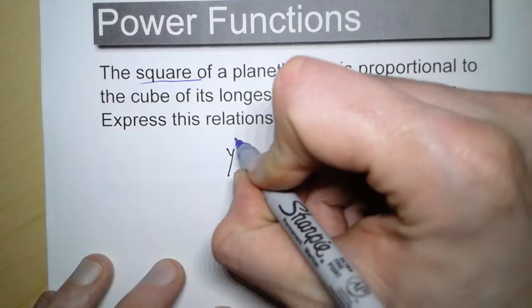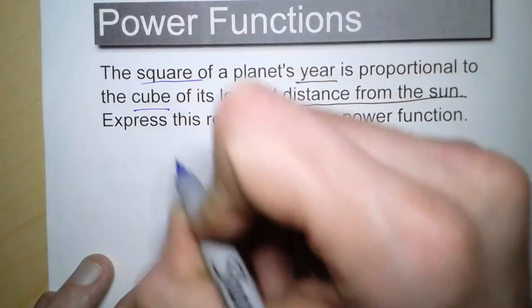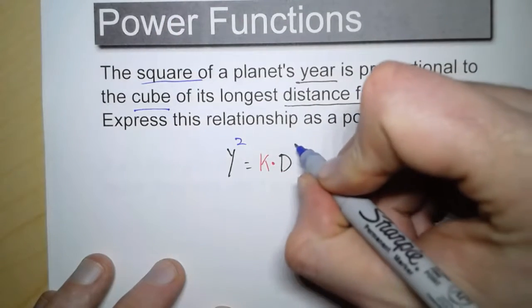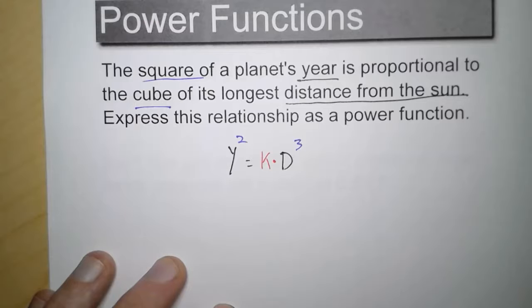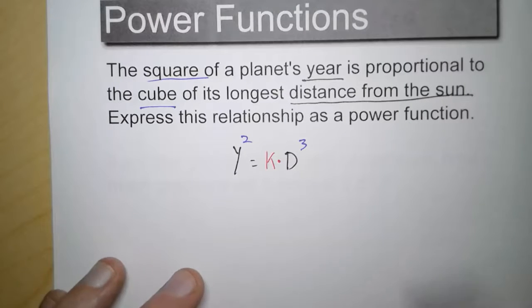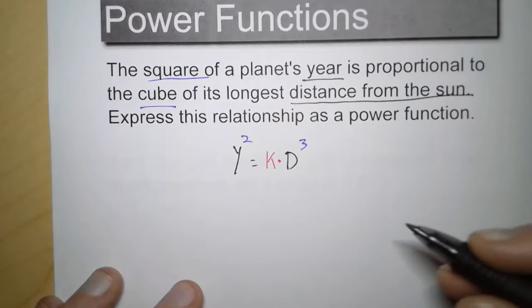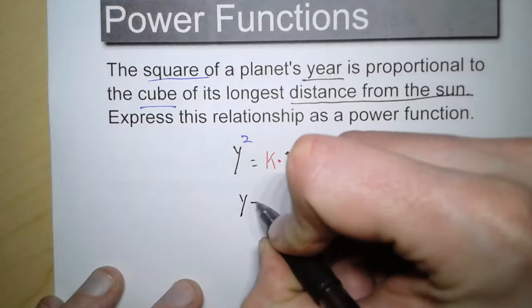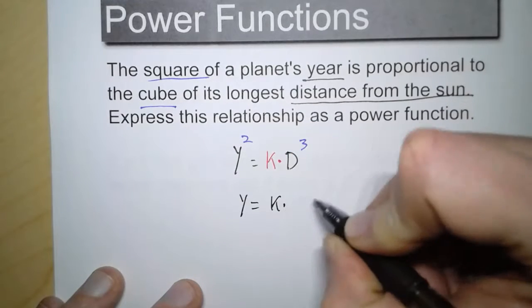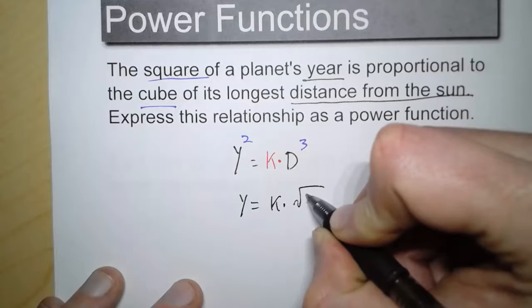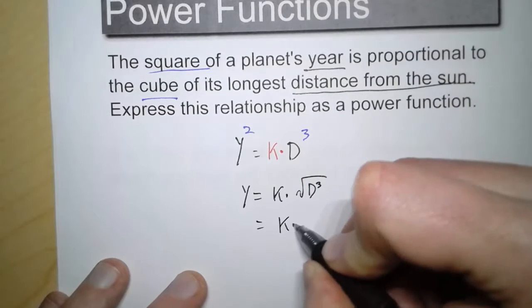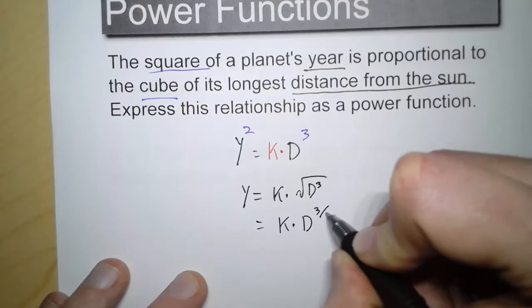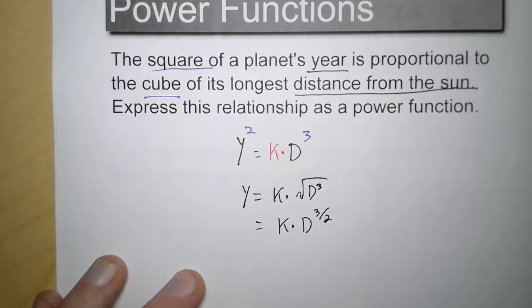So that means y is squared, but it also says the cube of the distance. So in this case, we have both sides having a power. Now some people are uncomfortable with that, and they say, well, we have to have one by itself. Well, you can still handle that by taking the square root of both sides. And so you can write it as square root of d cubed, or you can write it as d to the 3/2.